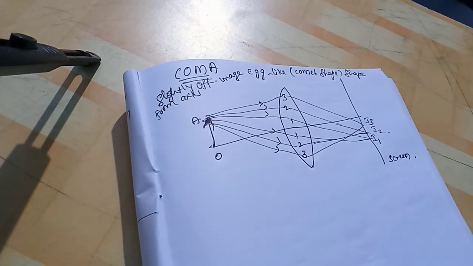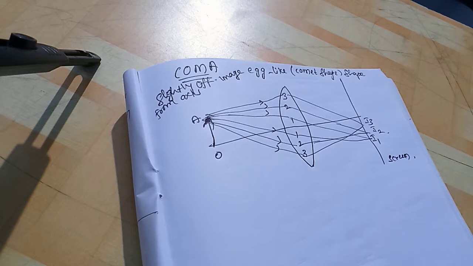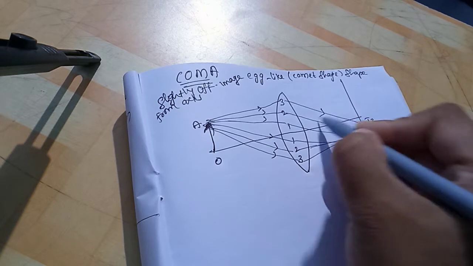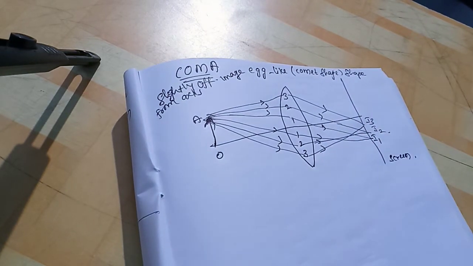So, we divided the lens into different zones, and rays passing through zone 1 focused at point I1, from zone 2 at point I2, and from zone 3 at point I3.